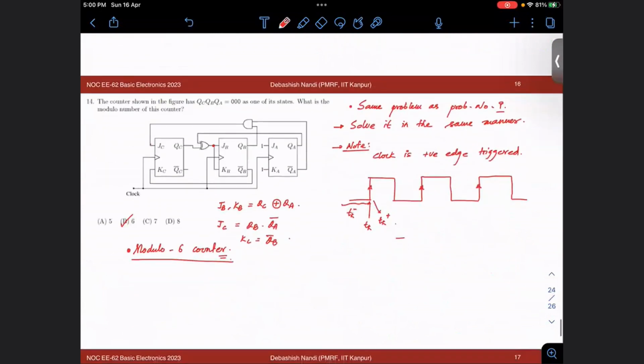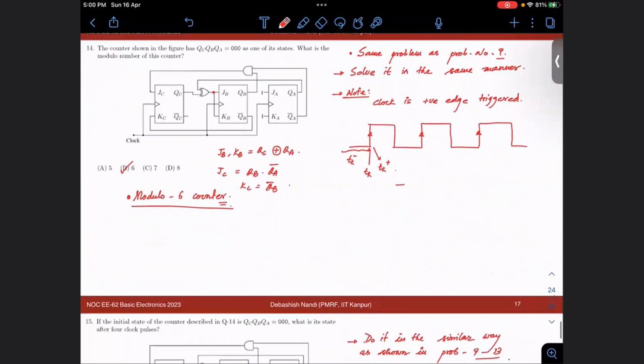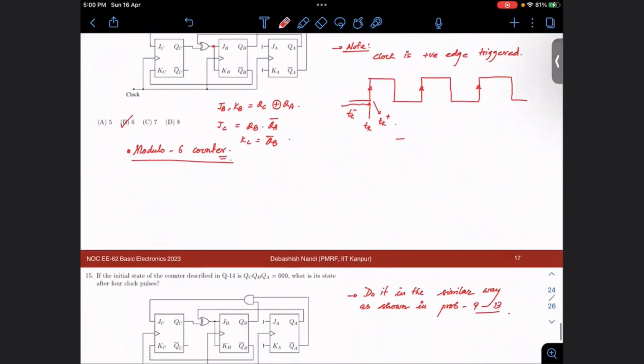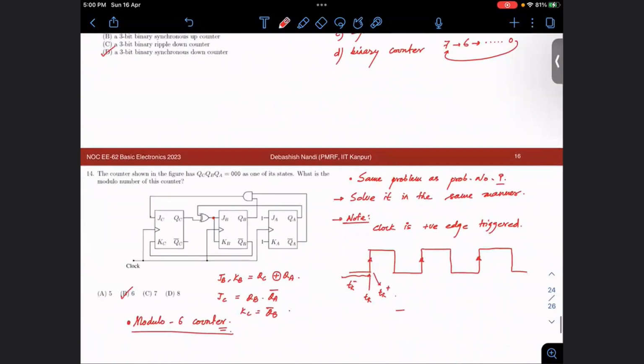Then similarly, we had another problem with positive edge triggering of the JK flip-flop. That we can easily do on the same principles, so I expect you will do this. I have also mentioned how to proceed. JA and KA are 1 for eternity because it has been shown here to be 1.